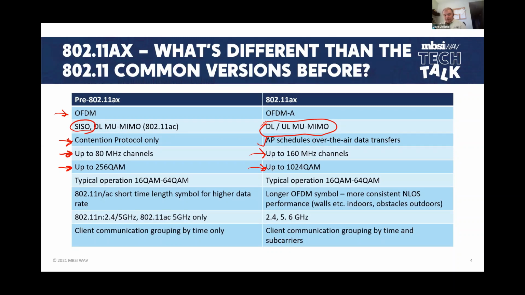Typical operation for both is the same, because the signal to noise ratio that we typically operate at in a Wi-Fi environment isn't that much different.